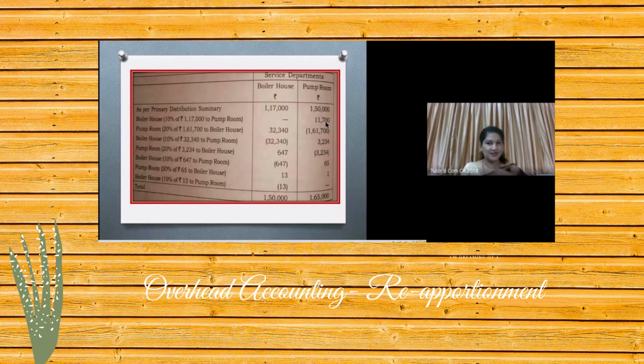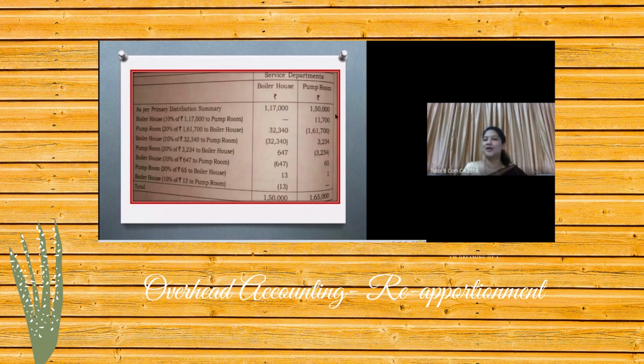Then for the second stage, we go with pump room. We know that 20% of the expense, and this is something we have to remember, is taken on 1,50,000 as per the primary summary of pump room plus 11,700 that was shared in the previous move from boiler house.